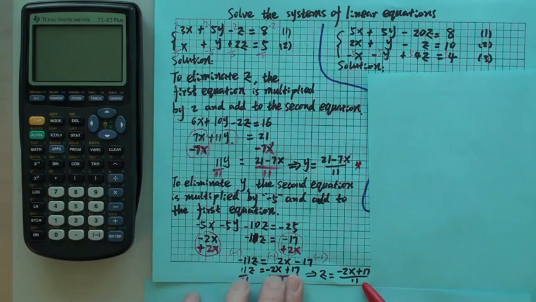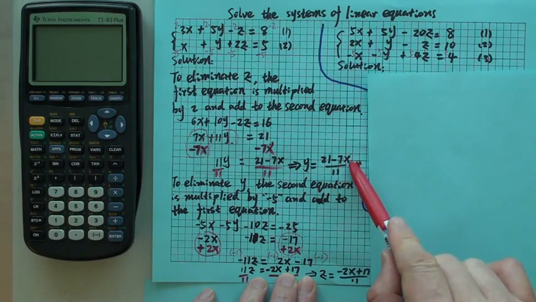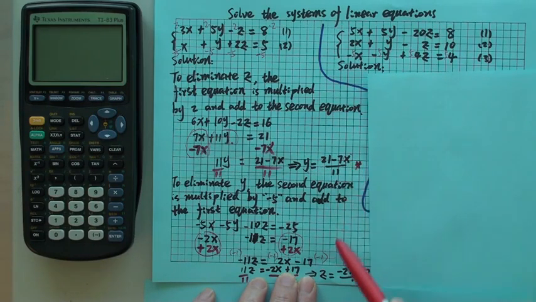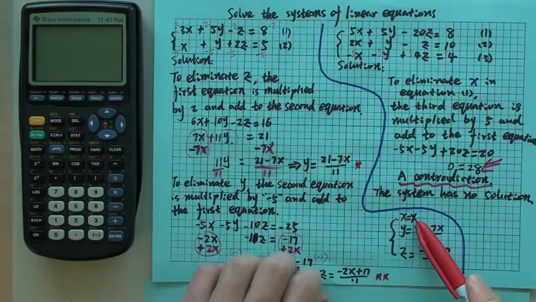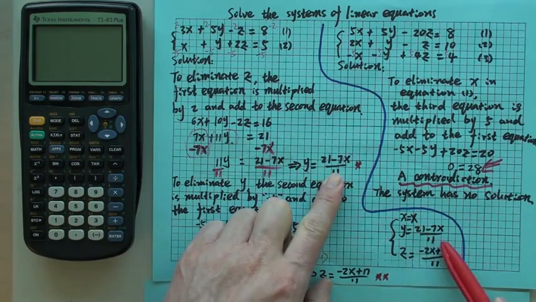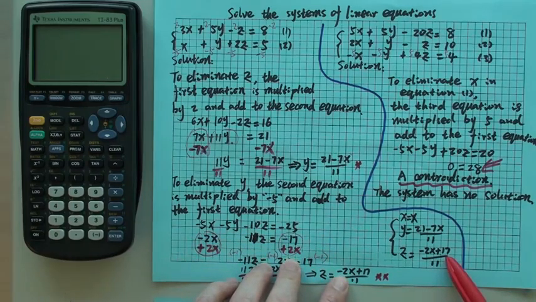So like we did for y, z is expressed by x, and x is itself. So x is x, y is this one, and z is negative 2x plus 17 divided by 11.